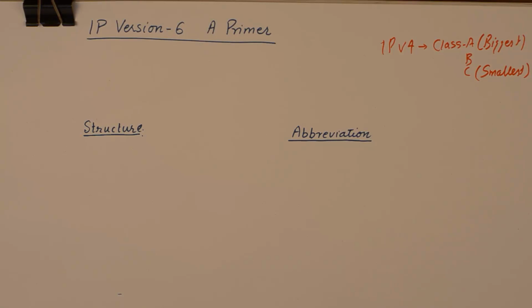Now, IP version 6 was designed to overcome the limitations of IP version 4. As you all know, IP version 4 used to have 4 octets for addressing.